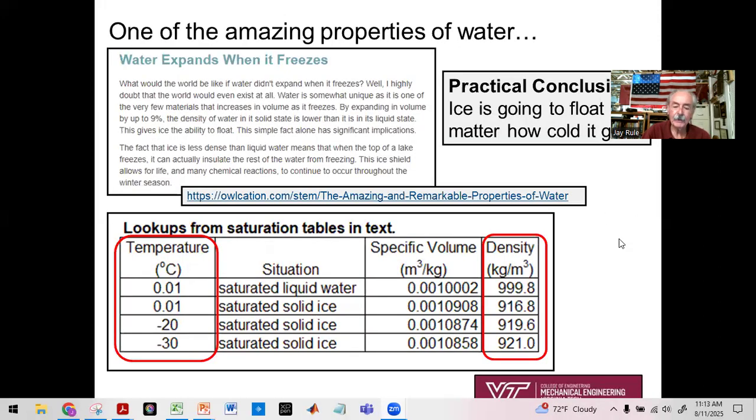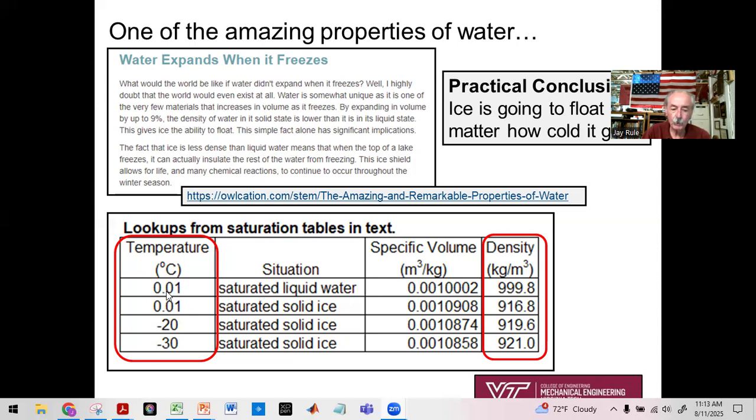So if we went to the temperature table for water, and we looked up v sub f, that's the specific volume of saturated liquid. You're going to get a number of different results, okay? And you're going to tabulate these numbers against temperature.